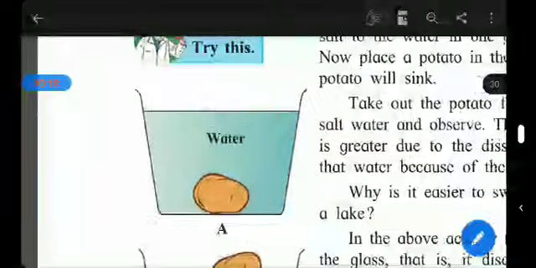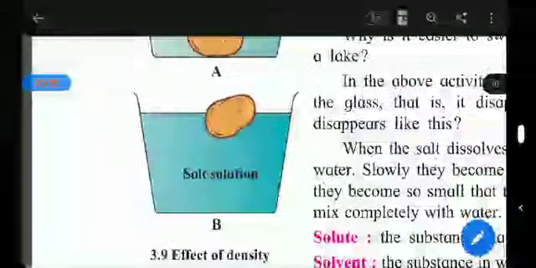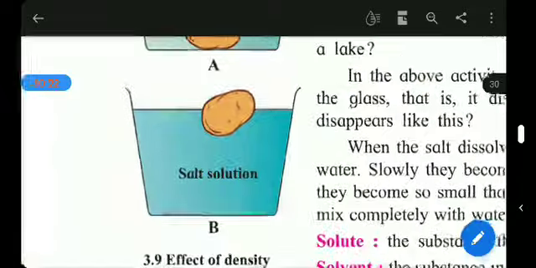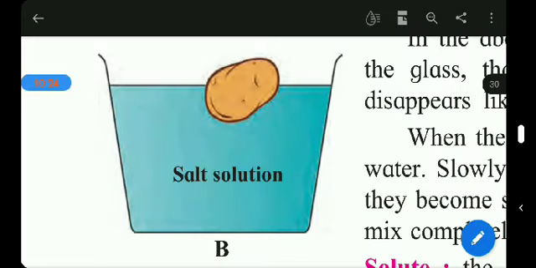Now we will remove that potato and place it into the second glass, glass B, and we have found that the potato starts floating on the surface of the glass which contains the salty solution, with salt dissolved in the water. Okay. Now why does this happen? That we will see now.